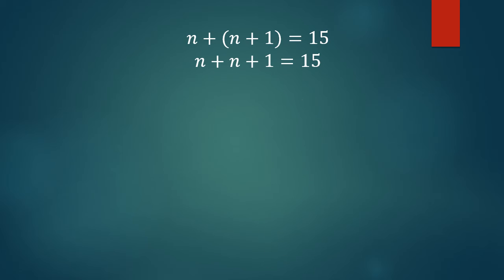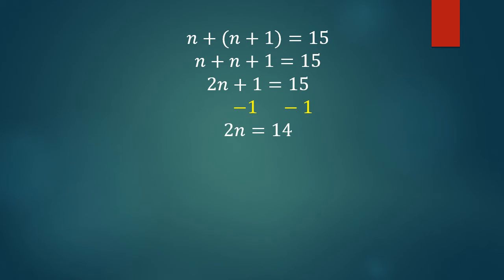So now we're ready to solve the equation that we have: n plus n plus 1 equals 15. I'm going to have to add like terms because I have n and n, which can be combined together into 2n plus 1 equals 15. Now this is a two-step equation. All I need to do is subtract 1 from both sides, which makes me end with 2n equals 14.